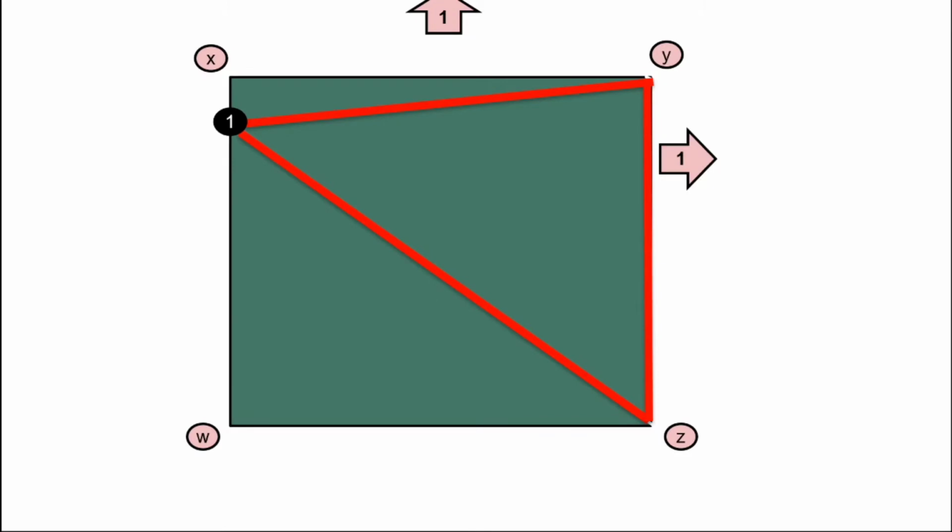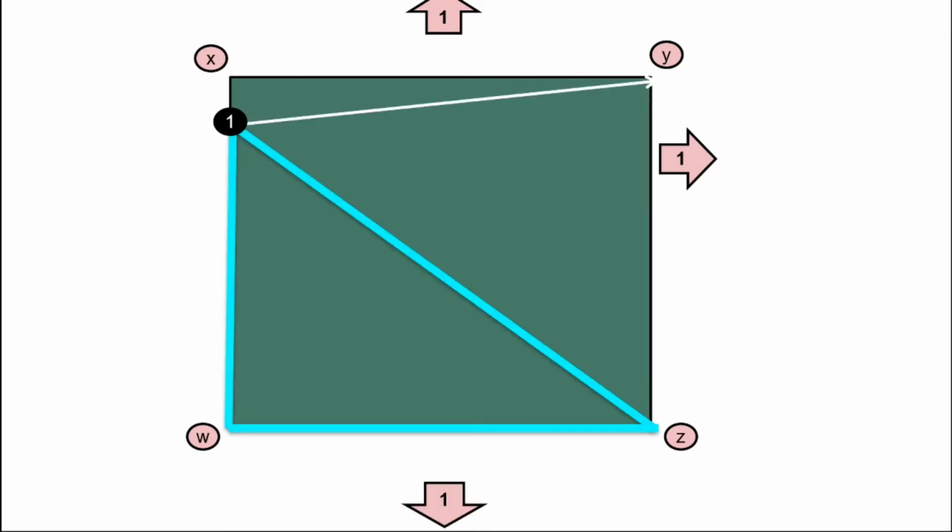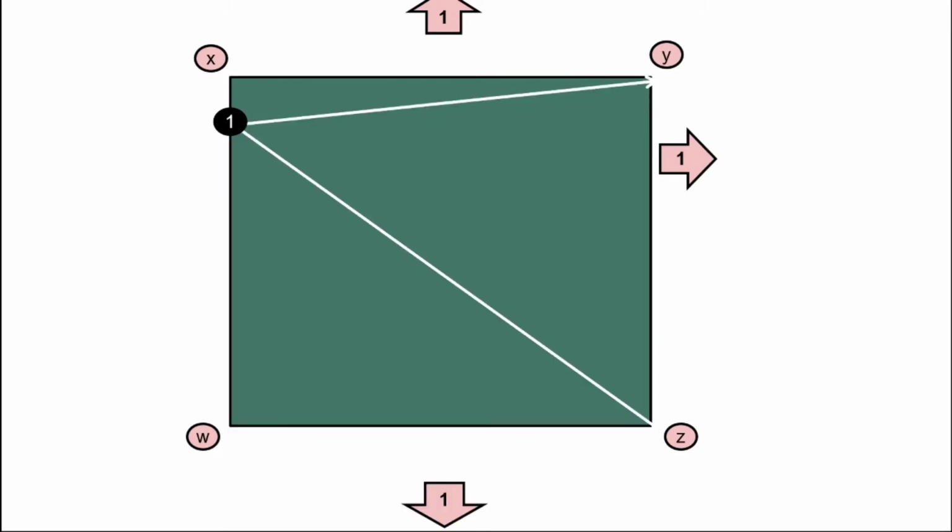On the right side, we have 1. On the bottom, it is 1. And on the left, it is 0. Since the top and bottom are symmetrical, they have the same number of triangles formed.